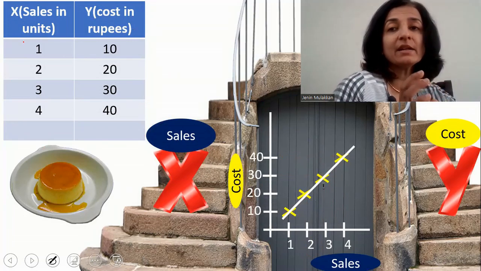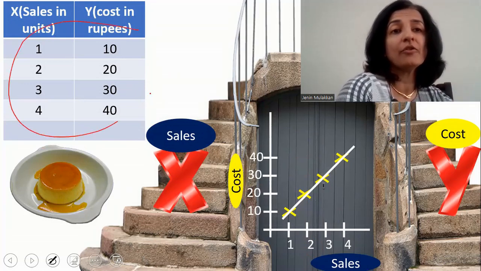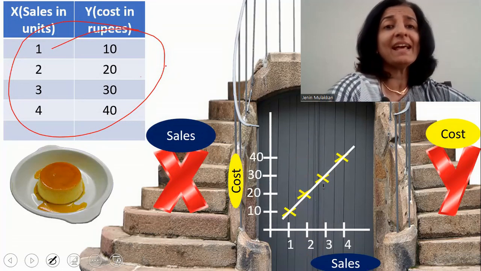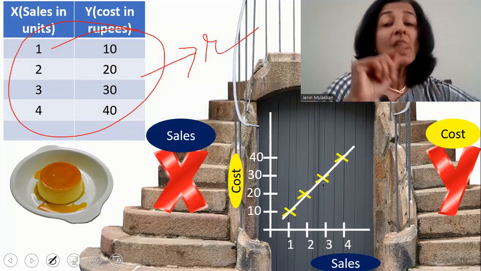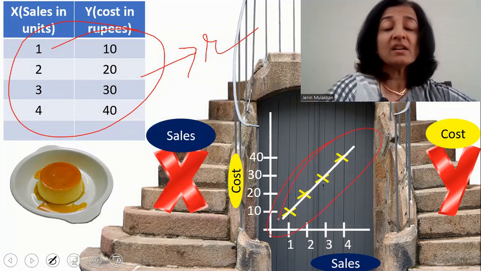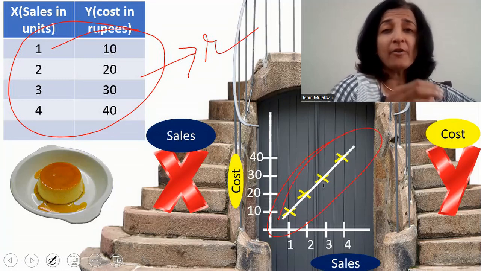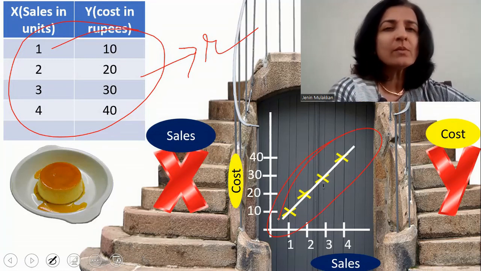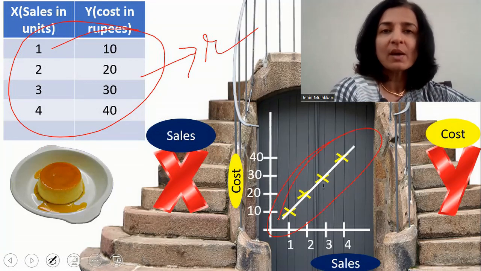Now we will calculate the correlation coefficient R of this table. As per the theory that we have learned, if we calculate R for this table, which has a straight line relationship, a perfect positive correlation, we should get the answer as +1. We will see whether the answer that we get is +1.